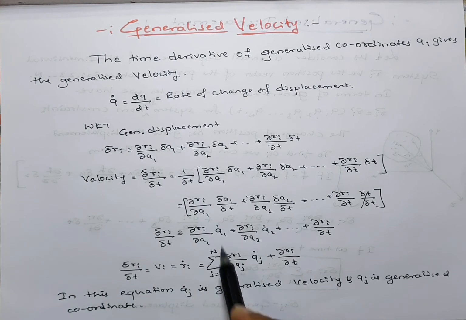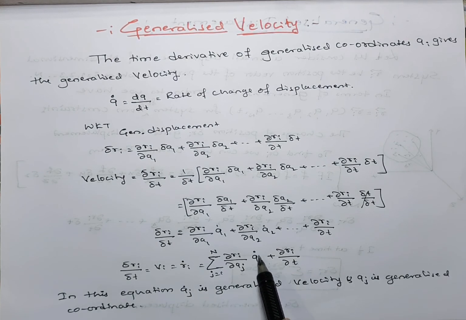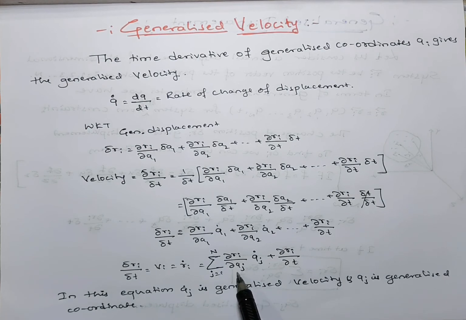In the form of summation over j from 1 to n, it is dou ri by dou qj into qj dot plus dou ri by dou t. This is the time term as it is, and I have taken the other terms in summation form from j equals 1 to n. In this equation, qj dot is the generalized velocity and qj is the generalized coordinate.